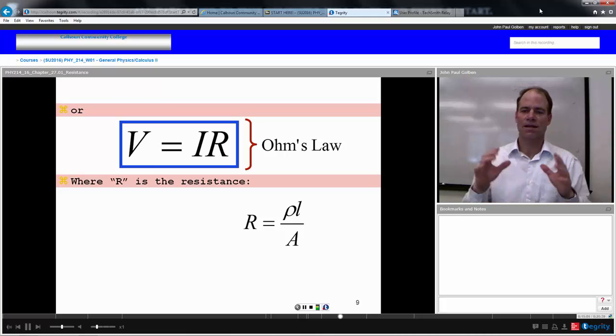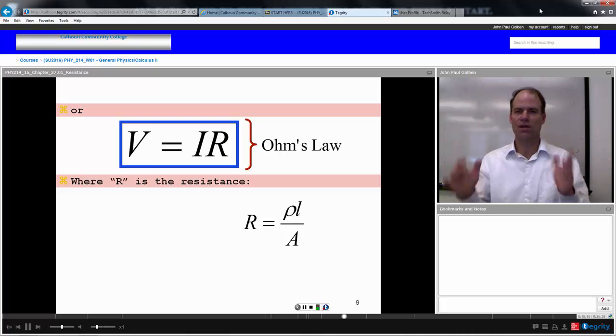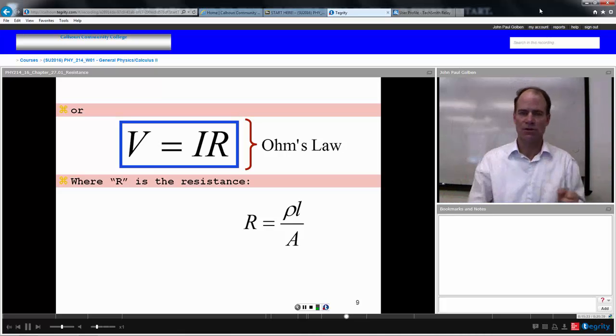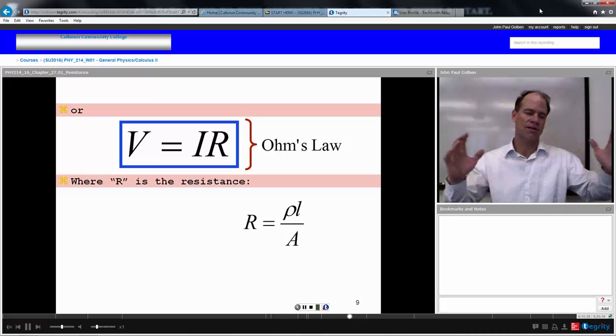And the resistance should be inversely proportional to the cross-sectional area, because imagine this. Say you're driving down a highway and you only have 2 lanes and there's a lot of traffic. It's going to be hard to get around. If you want to go faster, you really can't, because there are too many cars. But if you're on that highway and now you have 6 lanes with the same traffic, all of a sudden you've got more options.